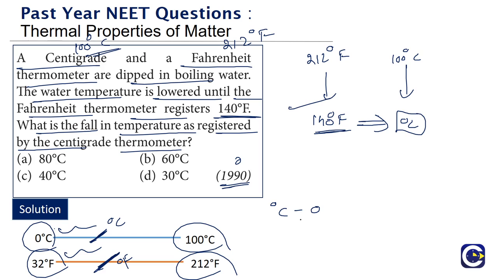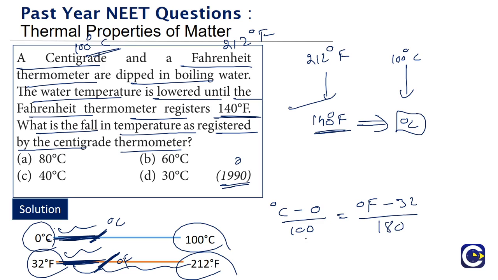Relative distance traveled means the length covered on Celsius scale divided by total length of the scale. Between 0 to 100 means it is 100. That will be equal to the relative length covered on Fahrenheit scale. Means whatever is the Fahrenheit reading minus initial reading, 32, divided by the total length of the Fahrenheit scale, 212 minus 32, it is 180. This is a very standard relation that we'll remember.